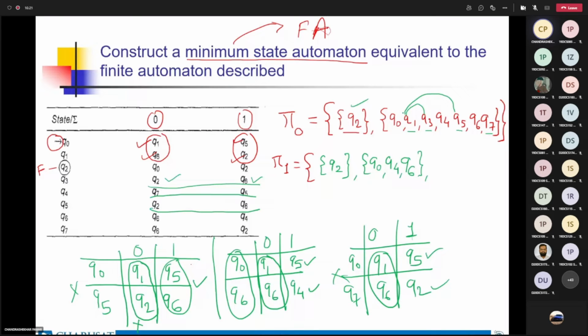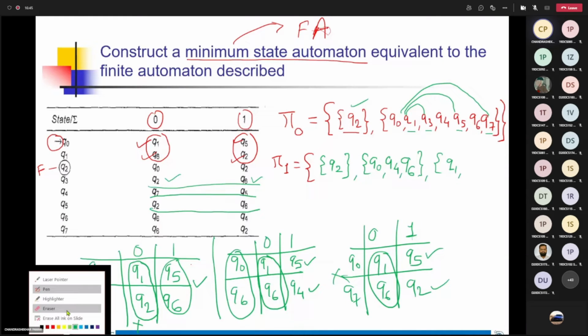In this way, we have to proceed, just as Q0 equivalency was checked. Understood? So here we have to prepare the equivalency set of Q1 with Q3, Q5, Q7. We have to check first whether it is equivalent with all or with one or two.